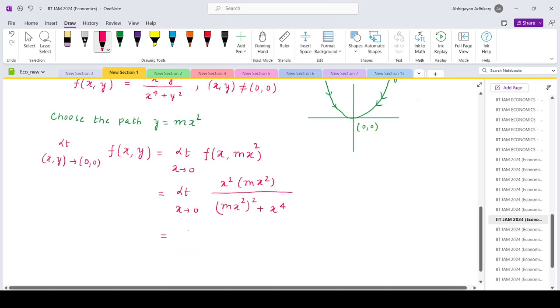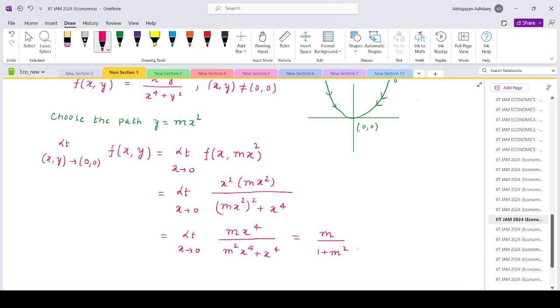So that is basically the limit as x tends to 0 of m x to the power 4 divided by m squared x to the power 4 plus x to the power 4. The x to the power 4 will cancel out and you're left with the answer m by 1 plus m squared, right?